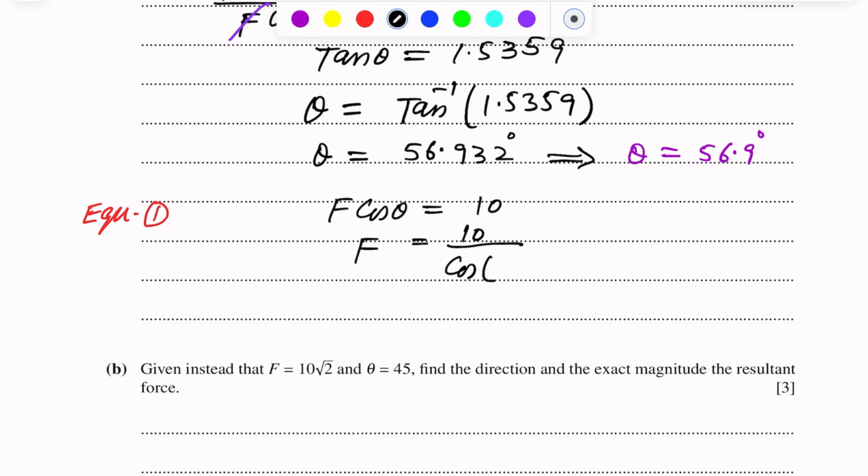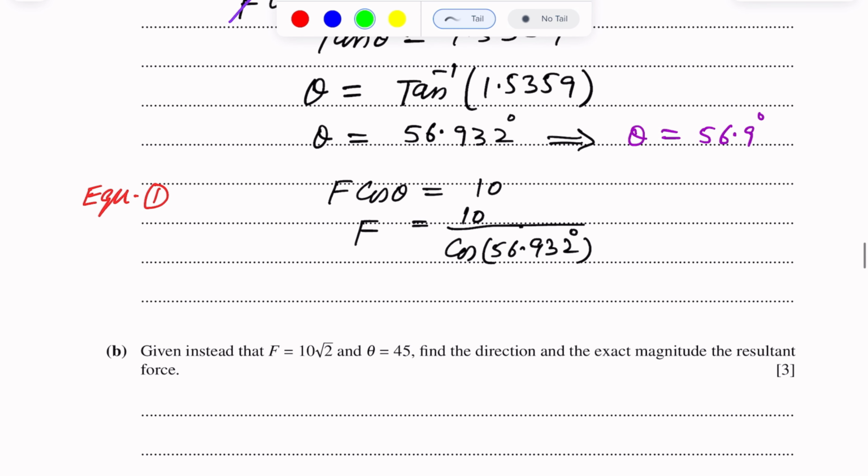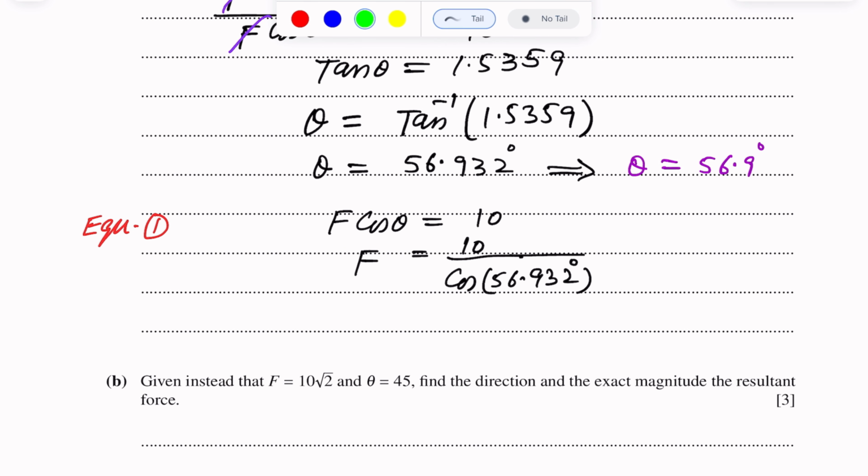The value of theta is 56.932 degrees. We will not use the rounded figure. We will use this value of theta here to write the answer in correct accuracy.